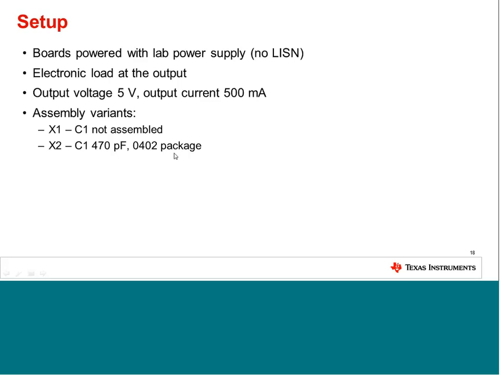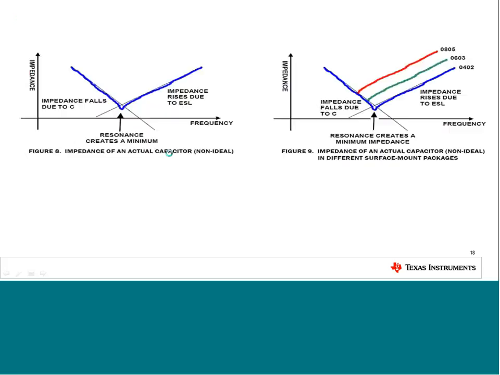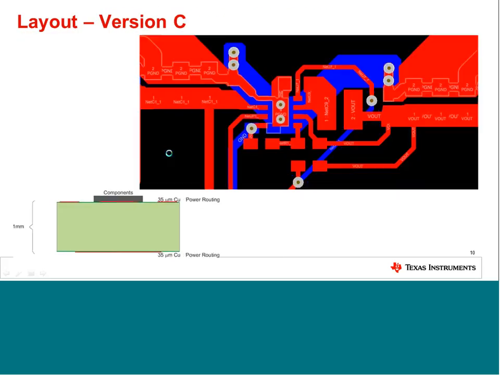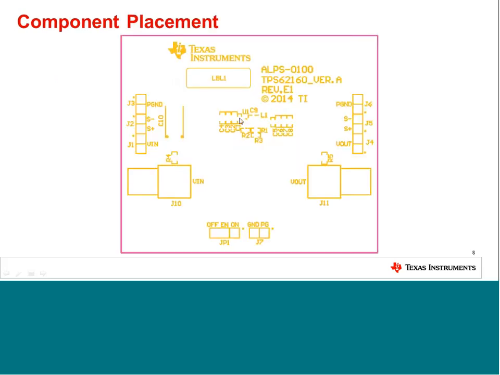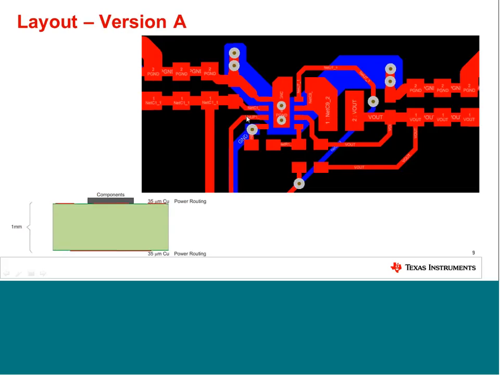C1, if I switch back to an earlier slide here, C1 is this capacitor which is closest to the input of the DC-DC converter. So when you look here, here's C1 and here's the IC, or first layout, this is C1.